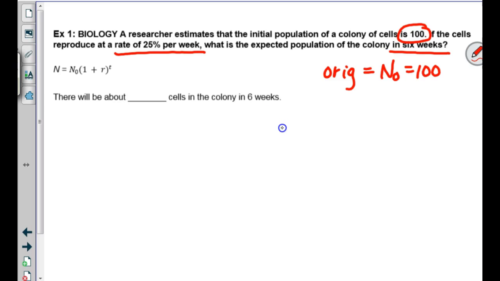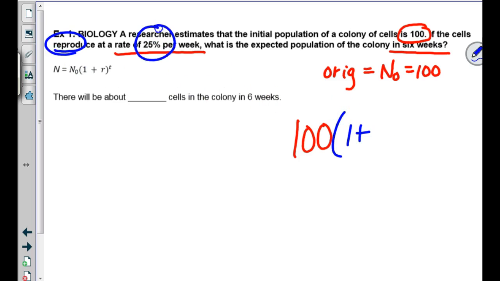All right. So we have 100, yes, for the interest formula. All right, so this one is growing. How do we put this in here? 1 plus, oh, why did I put a plus? Reproducing would mean growing, right? And yes, 25%.